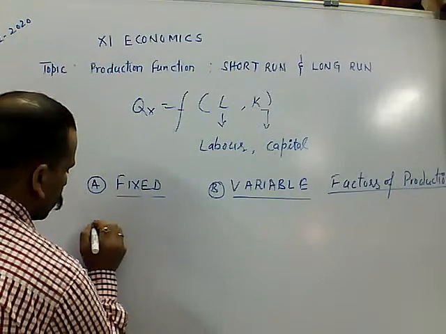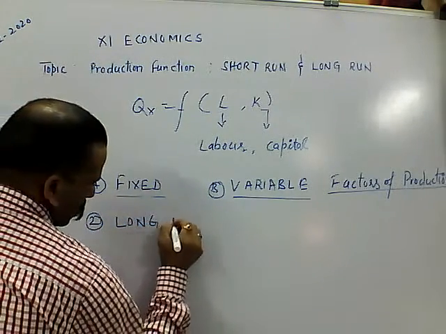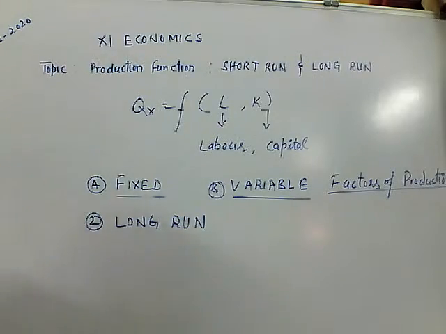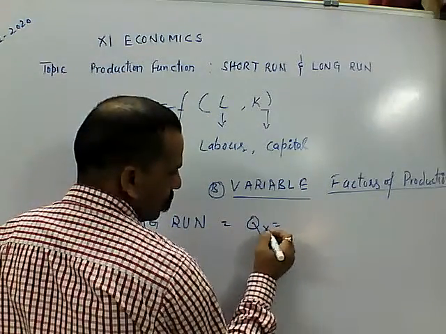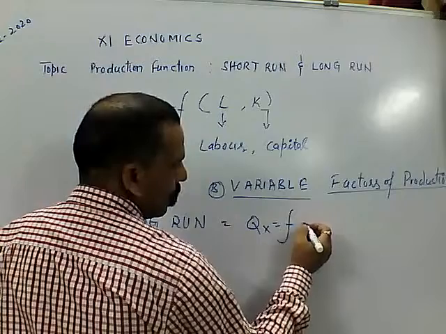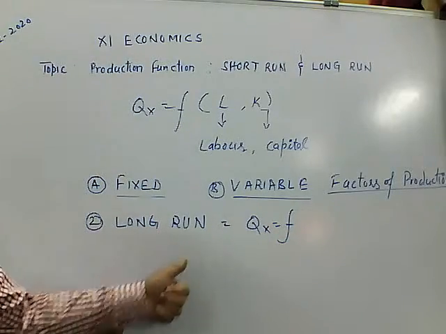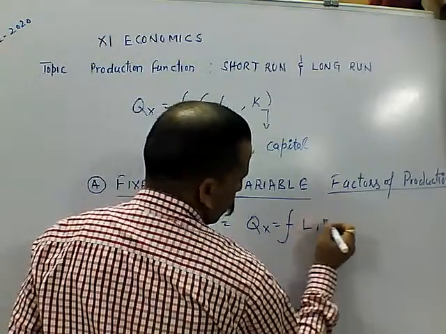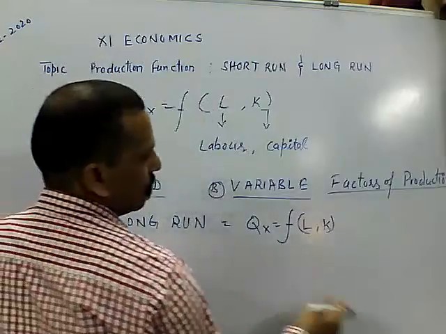Long run production function. So in the long run, if you talk about the output of commodity X, in the longer period of time, in future, both factors are variable.